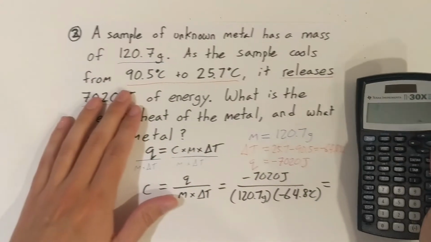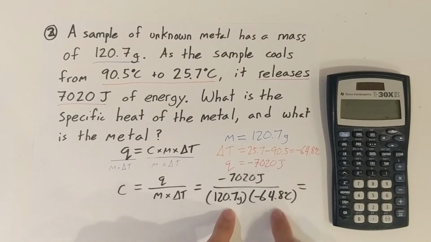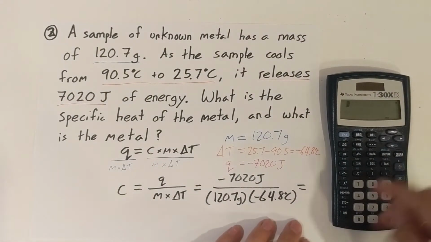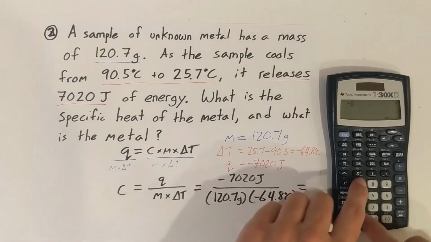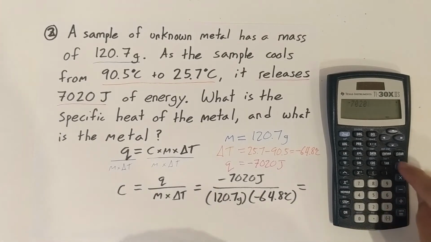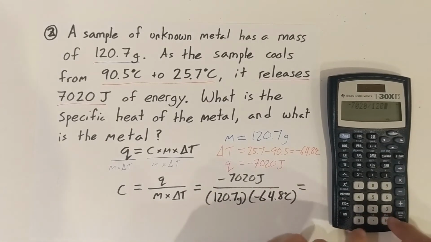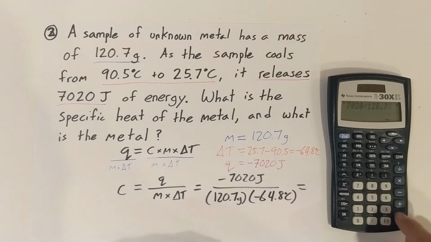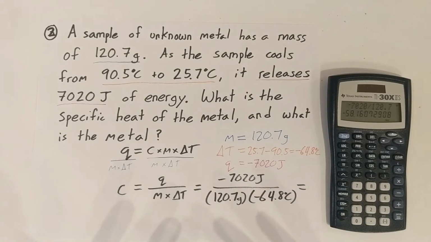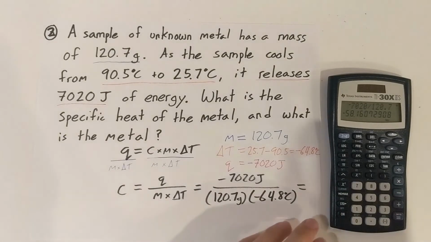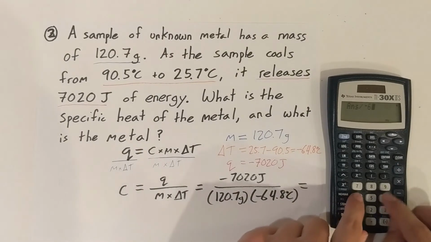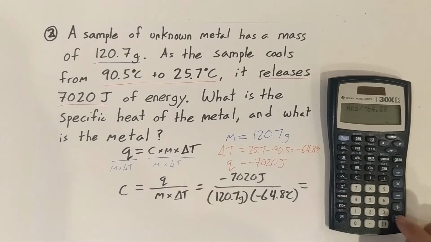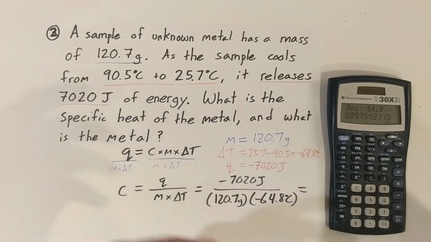Something that I like to do, especially when you got a couple things you're dividing by, is always push equals afterwards so you know you're doing the correct operation. So we're going to start with negative 7,020 divided by 120.7, and I push equals there. And then we're going to also divide it by this. So divided by negative 64.8 degrees Celsius. And we get our answer there.